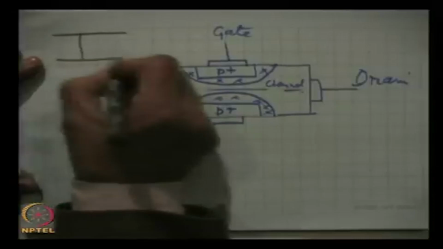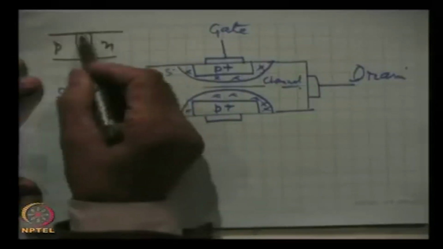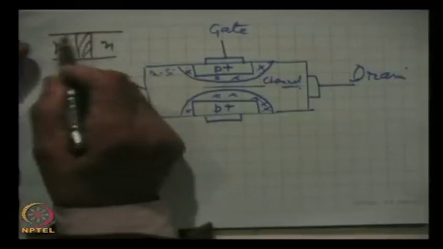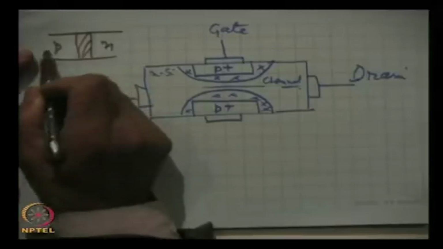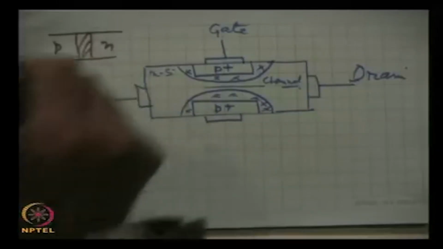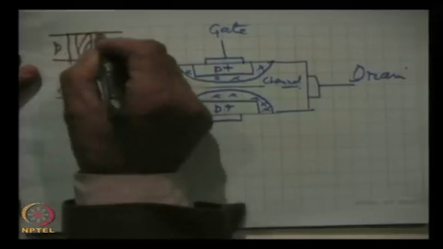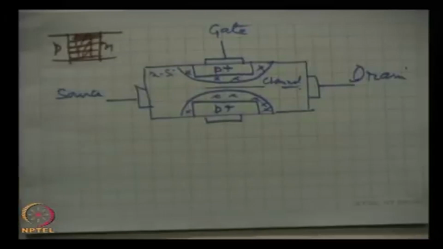Remember that in the p-n junction, if this is p type, this is n type, and this is the depletion region, if we increase the reverse bias, that means the p region is given a negative potential and n a positive potential, then this is widened. This is the new depletion width.